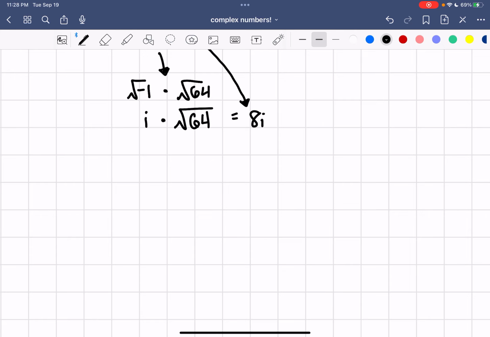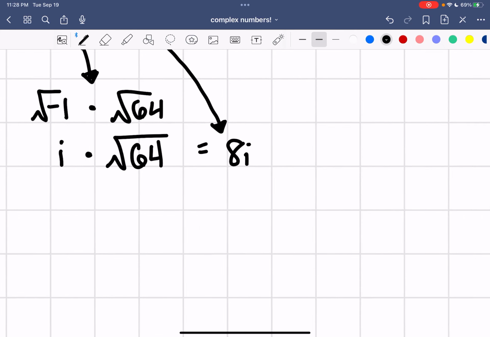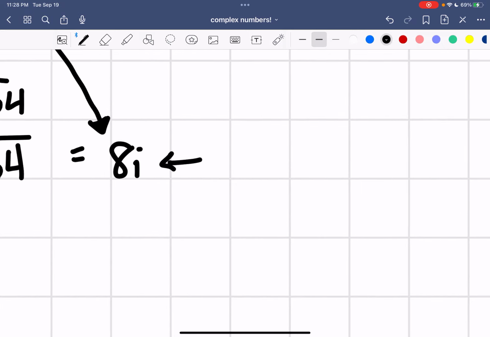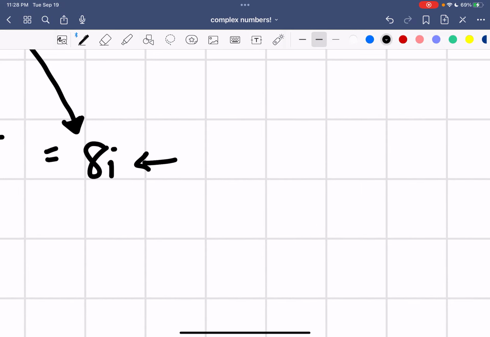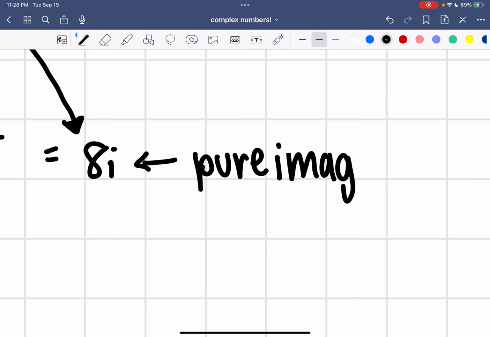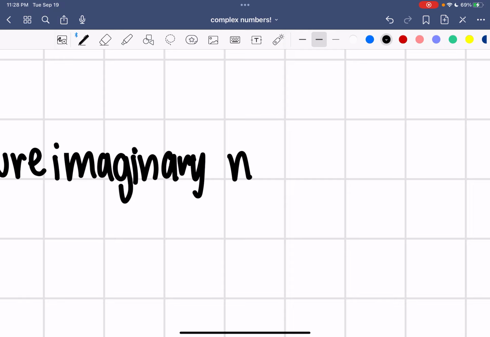Yeah, it's just referred to as the square root of -1. And then this, which is a real number multiplied by i, is called a pure imaginary number.